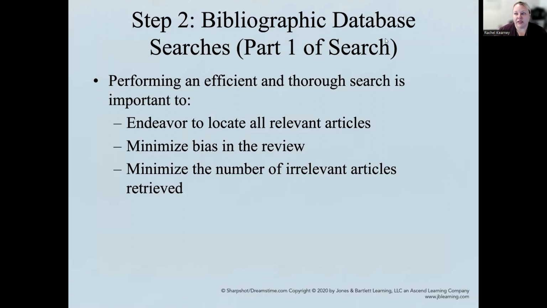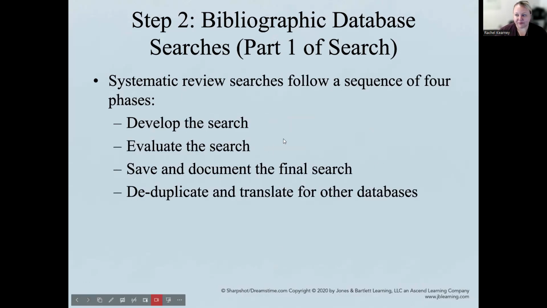And so really you're going to start by doing a search. What you want to do is locate all of the relevant articles that meet your criteria. You want to minimize the bias in your review and minimize the number of irrelevant articles that come up.